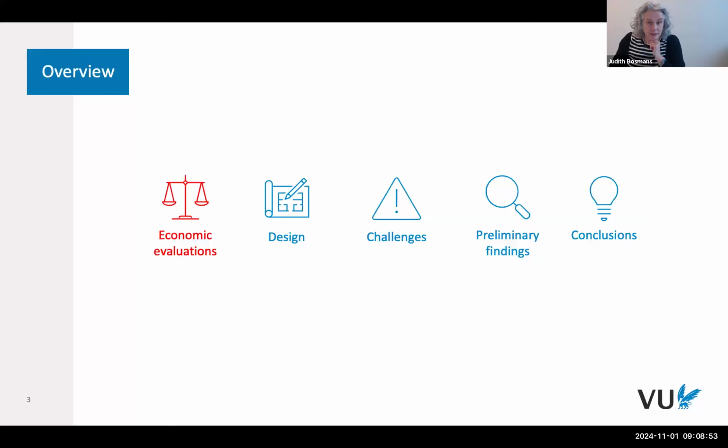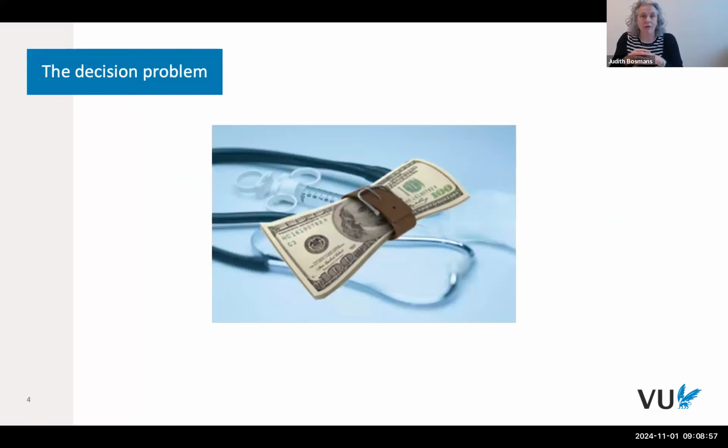So first, economic evaluations. Well, I think it's good to start at the decision problem. So why do we need cost effectiveness analysis or economic evaluations? As you will know, and it's the case in all countries, the population is aging, and when people age, they need more healthcare.